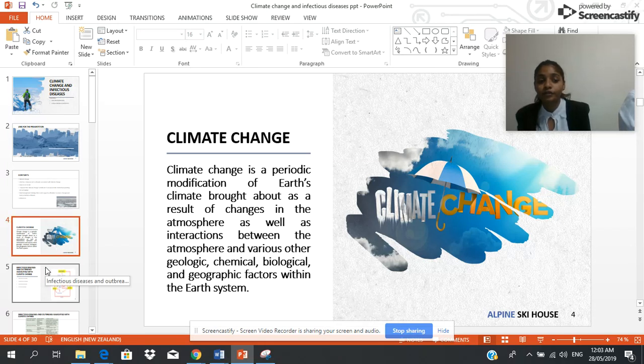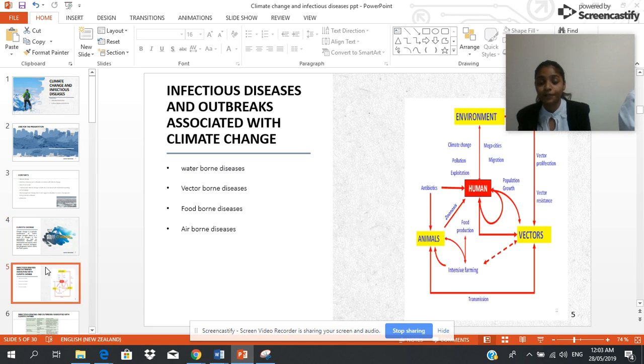So now we are going to look at infectious diseases associated with climate change. There are three components essential for any infection. For most infectious diseases, those are vector, host, and environment.